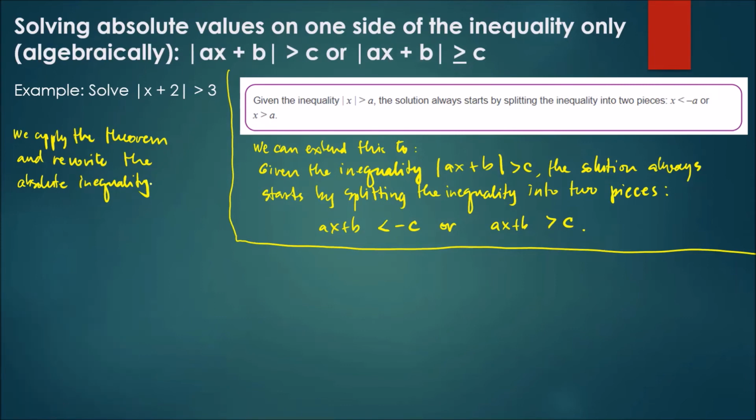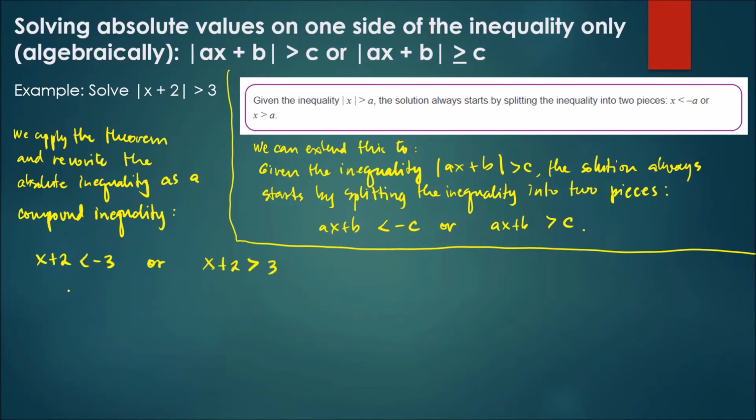And rewrite the absolute inequality as a compound inequality. So again, by definition, we can write this as x plus 2 is less than negative 3, or we have x plus 2 is greater than 3.